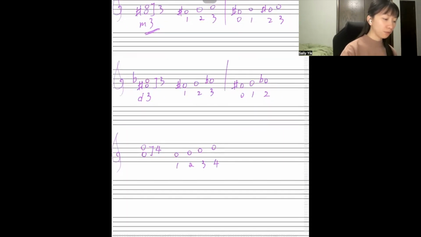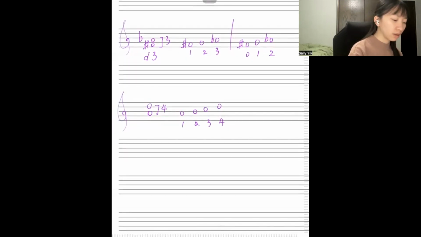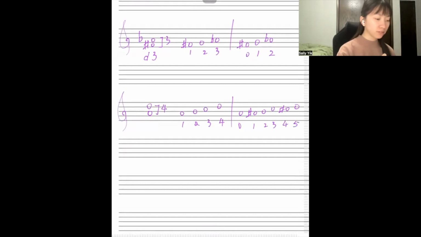And if you count the number of semitones, 0, 1, 2, 3, 4, 5. 5 semitones and 4 steps apart from each other. If you look at your table, you would say, okay, 5 semitones means a perfect fourth, which is right. So this is a perfect fourth.